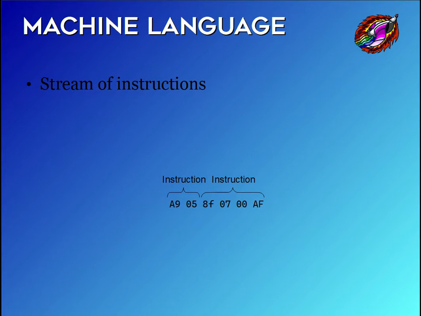So now I want to get into what machine language is in a general sense, what assembly language is in a general sense, and what these things look like. Again, if you've done assembly language or machine language on another processor, this is going to be old hat. Feel free to skip ahead in the video.